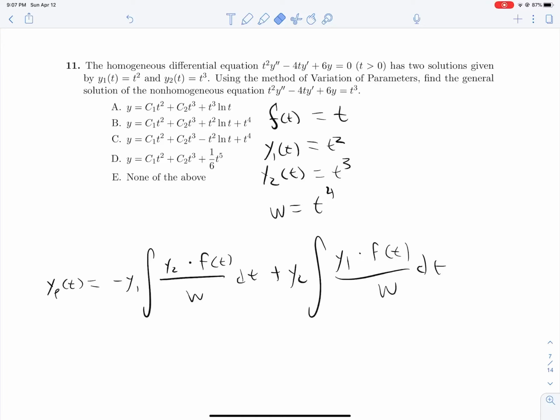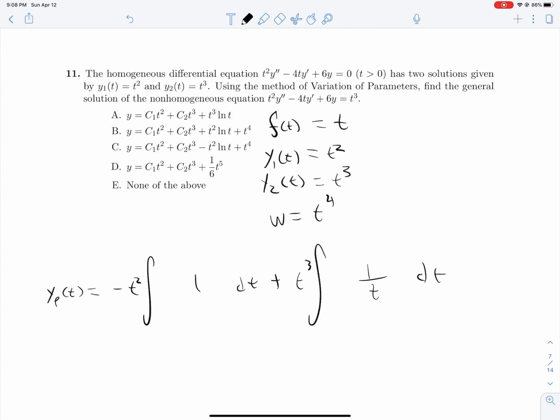We can go in and replace all of our y1s with t squareds, all of our Wronskians with t to the fourths, all of our y2s with t cubeds, and all of our f's with t's. So in this integral, we get 1 over t, and over here we just get 1 dt.